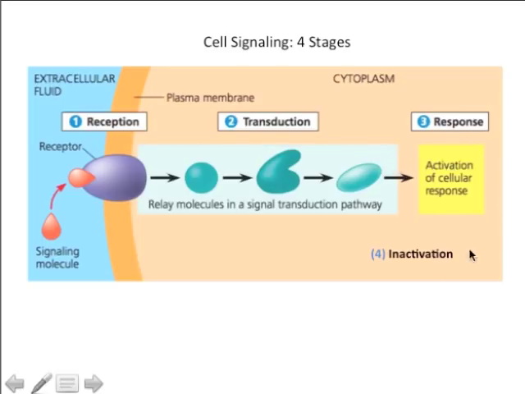Finally, that activation has to stop sometime, and so that's inactivation. This can be within an entire cell, like programmed cell death, otherwise known as apoptosis, which we'll also go into, or just simply a halt of the response.